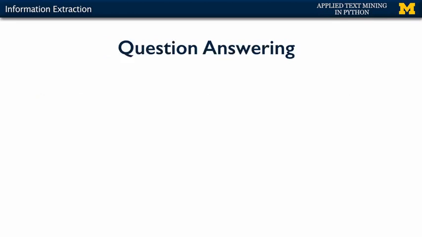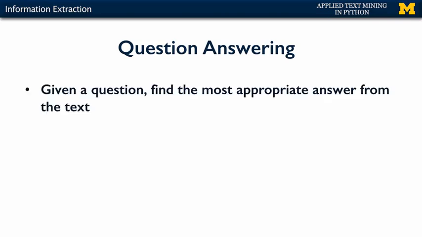Why is that important? That is in a question answering task, where you're given a question and you have to find the most appropriate answer from text. Now, appropriateness is something that we can talk about in more detail, but let's say in this case, the correct answer would be one definition here.